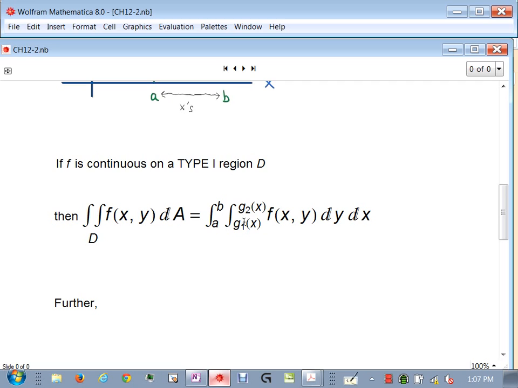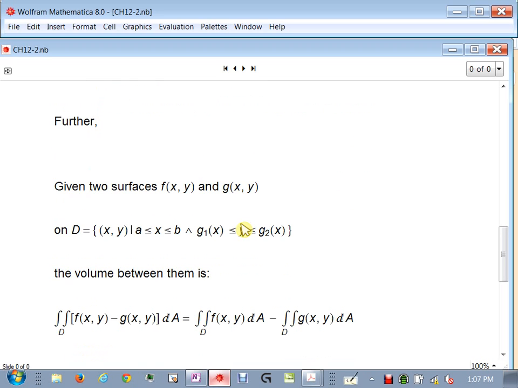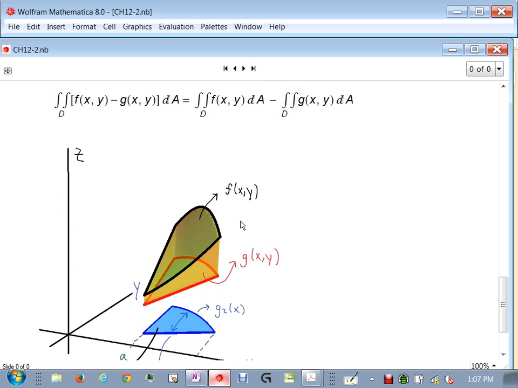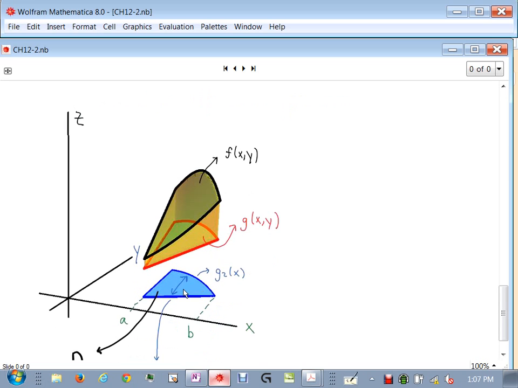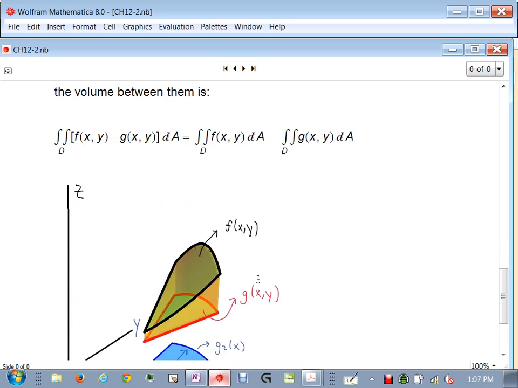Now these could possibly be functions of x. We'll see how that changes the way things integrate. And if we're trying to find the volume between two surfaces, a surface f on top and a surface g on the bottom, then you can still do that over a type 1 region by using this formula. Just subtract the two volumes.